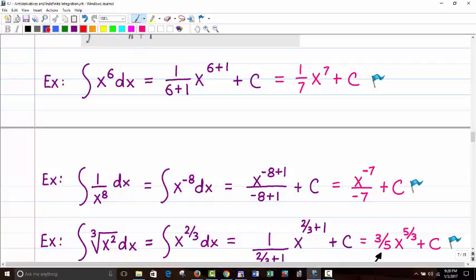So you would possibly be looking at something like this: negative, and the negative can be to the outside or wherever, 1 over 7 x to the 7. I'm not going to write the plus c for this one because I'm having enough trouble as it is, but plus c follows that. So that's just the x dropping down to the bottom, which is maybe the way you would be looking for the answer in a test.